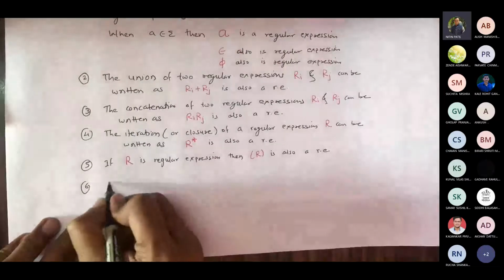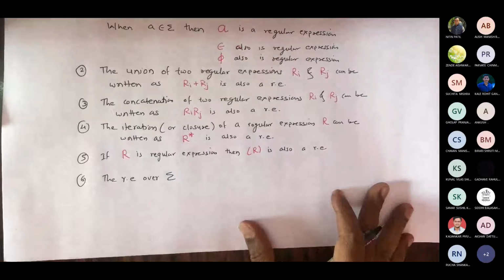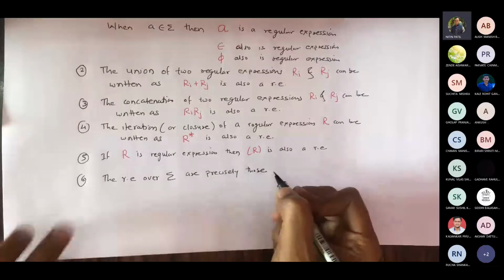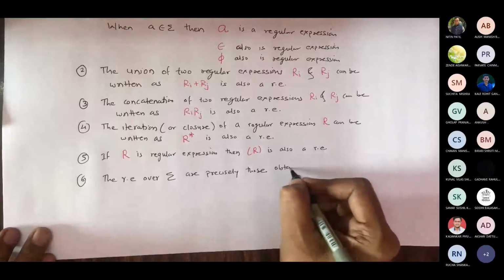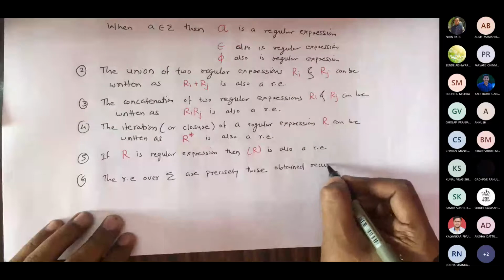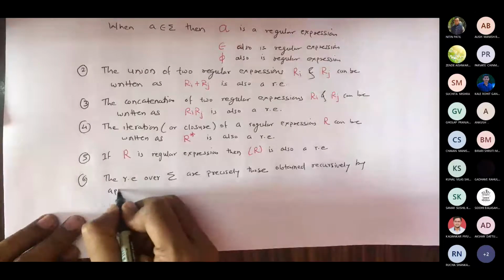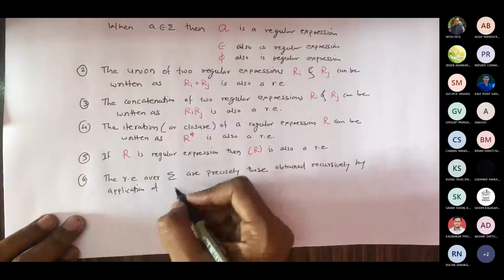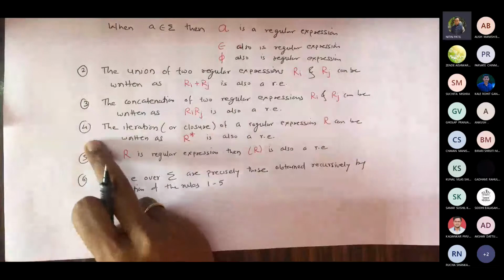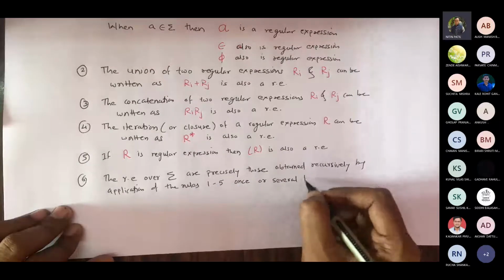The regular expressions over sigma are precisely those obtained recursively by application of the rules 1 to 5 above, once or several times.